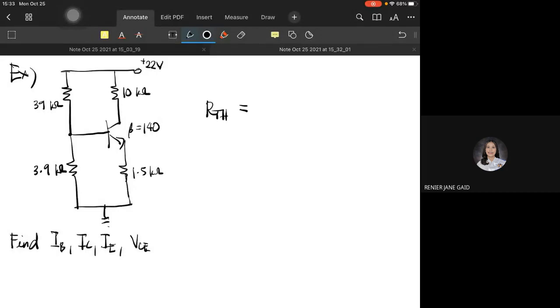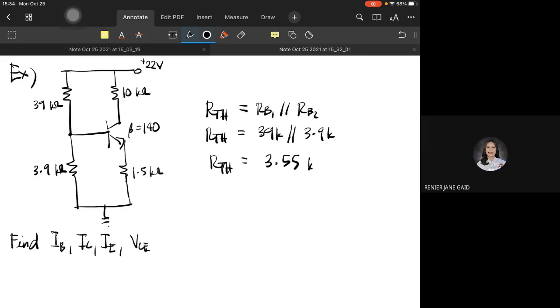RTH is equal to RB1 parallel RB2, 39K parallel with 3.9K, or 1 over 1 over 39 plus 1 over 3.9. If you have your calculators with you, it's close to the smallest value, 3.9, so 3.55 kilo ohms.